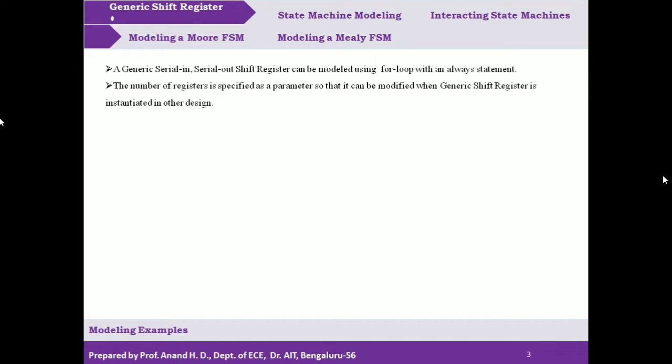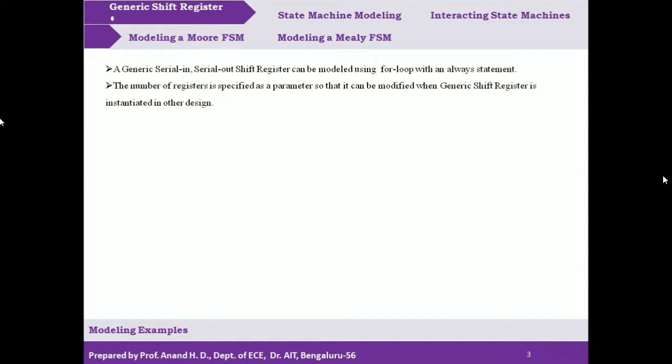We are not going to restrict the size; instead we specify a parameter which defines the size of the shift register, and this parameter value can be changed when we instantiate the model. A parameter value is constant throughout that module, but it can be changed when we instantiate that module in another design. That is why it is called a generic shift register.